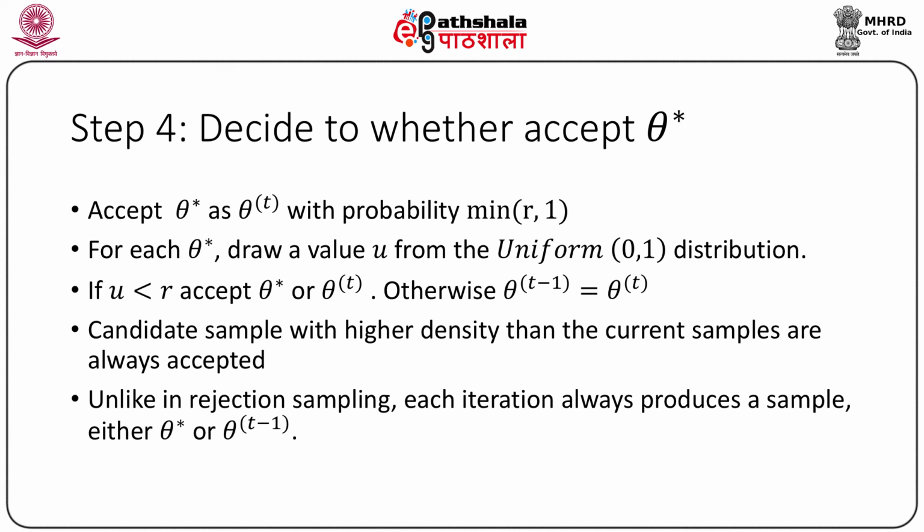Candidate samples with higher density than the current sample are always accepted. Unlike in rejection sampling, each iteration always produces a sample, either theta star or theta t minus 1.